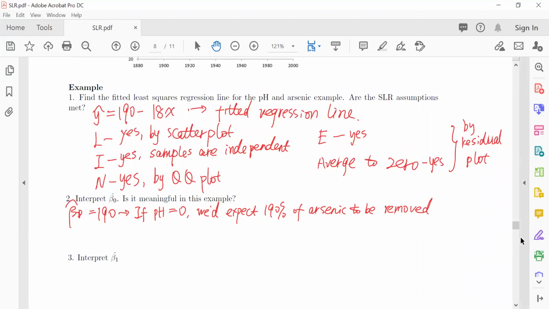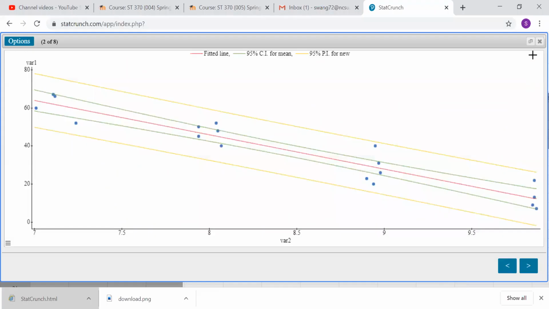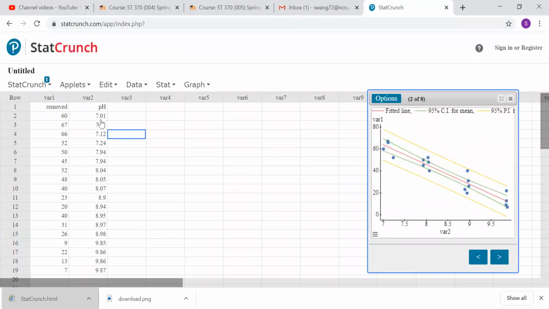And is this interpretation meaningful? Actually, no, right? Because if you take a look at our data in StatCrunch again, the value for your pH ranges from 7.01 to 9.87.